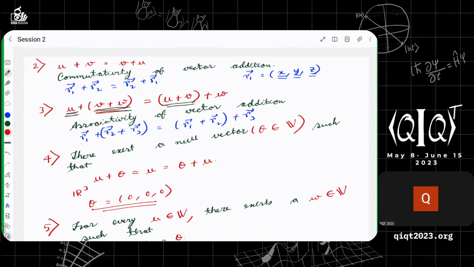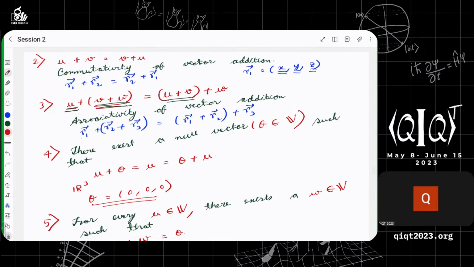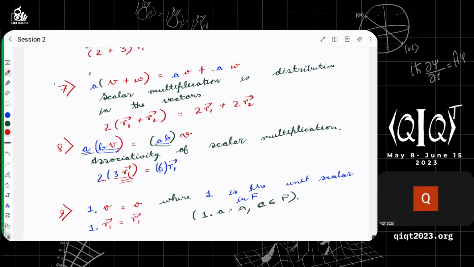These are the rules, and as you can see, the real space vectors satisfy these conditions. So any other set V on some set of scalars F which satisfies all these conditions, we will also call that set V a vector space.